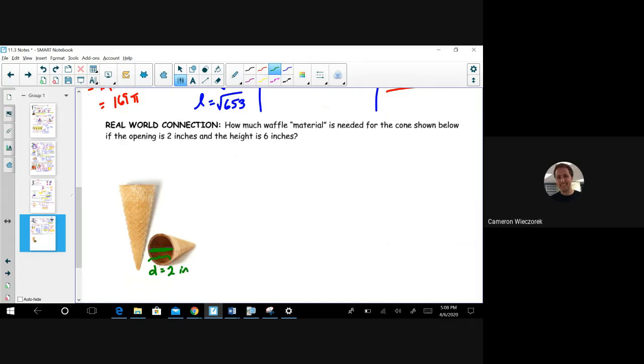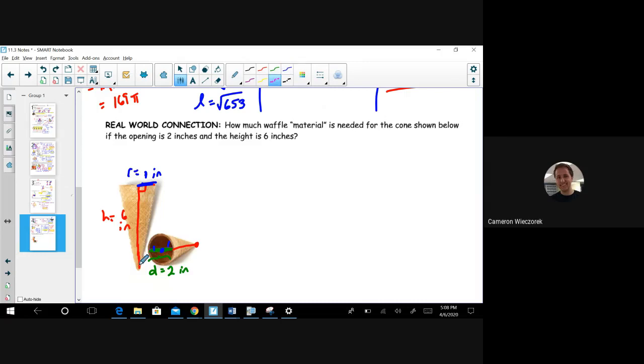And the height of the cone from top to bottom, not the slant height, the actual height perpendicular to the circle, is 6 inches. That's your height. And I know this distance they gave me before. If the diameter is 2, that means each radius has to be 1 and 1. So I know this is 1 inch for the radius.